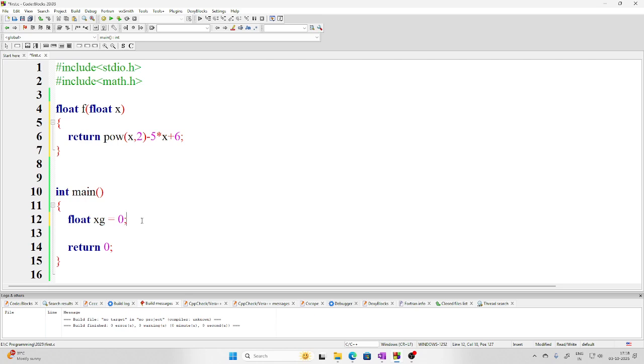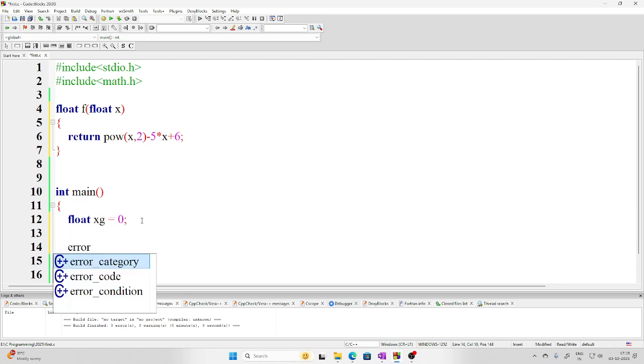Now 0 will be close to which root? 2, 3, 2. So in this case I should get 2 as my answer. Then I have to take one more variable, let's say error, and assign it something which is more than the terminating criteria, let's say 10.